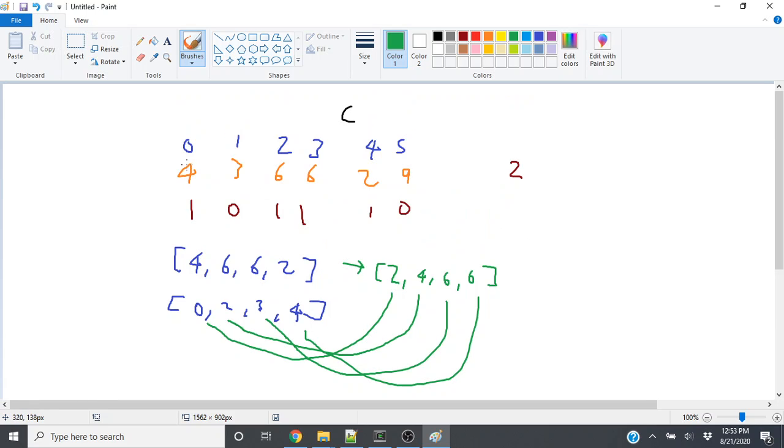So we replace the array with 2, 4, 6. I know that's the same, I'm just illustrating a point, and 6. So this is our final array. So we have 2, 3, 4, 6, 6, 9.